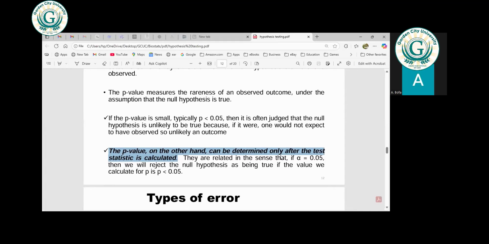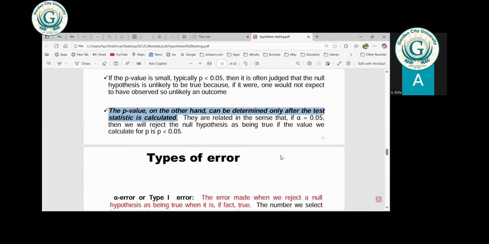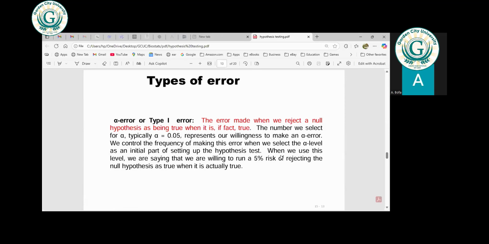So now let me talk about the type 1 error and then the type 2 error. When we say type 1 error, what we mean is whenever you reject a true null. And that is the reason why I was stressing that this alpha is also termed the type 1 error.